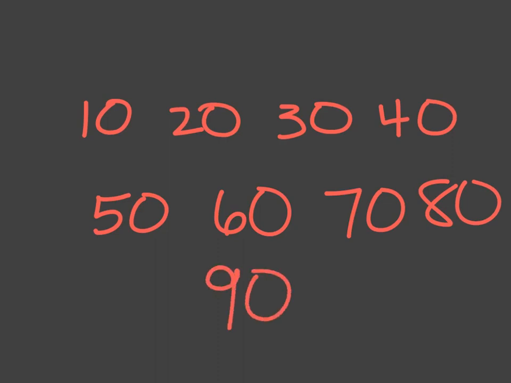Okay, so let's count these. 10, 20, 30, 40, 50, 60, 70, 80, 90. Okay, so we're going to have to remember that when we're working on our next equation because we're going to make ones, count on ones until we get to a 10. Then we're going to count tens and then ones at the end if we need to, and that'll make more sense during the next equation.